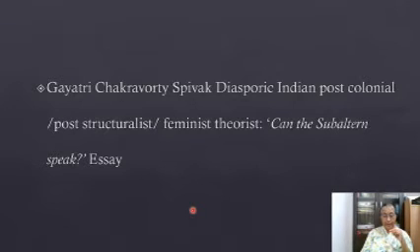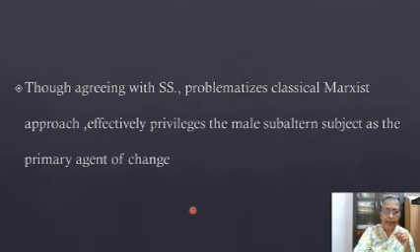Her argument is that the Marxist approach has ignored something, and that is, she says that they have only the male subaltern subject as the primary agent of change. She totally agrees with the subaltern studies, but problematizes the classical Marxist approach, and she says it effectively privileges only the male subaltern subject.